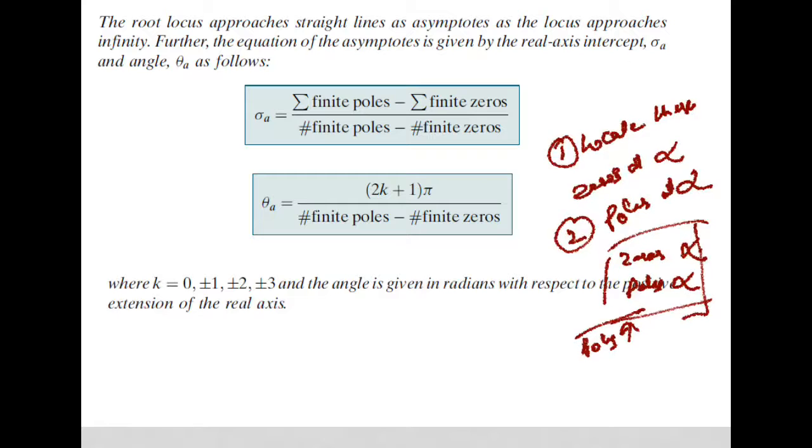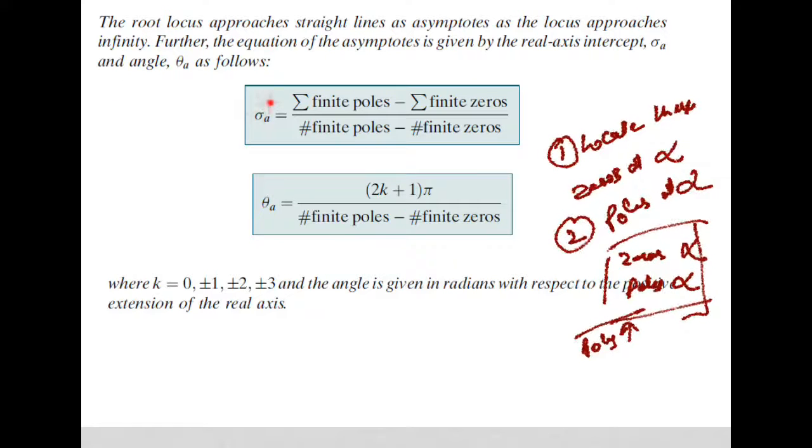Now, the root locus approaches straight lines as asymptotes as the locus approaches infinity. Further, the equation for asymptotes is given by the real axis intercept, that is sigma a, and the angle theta a.